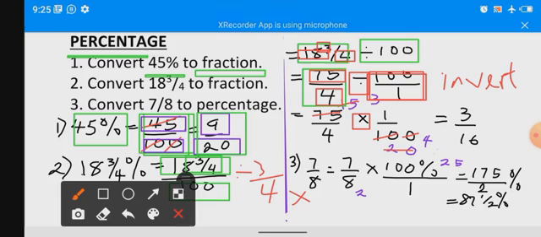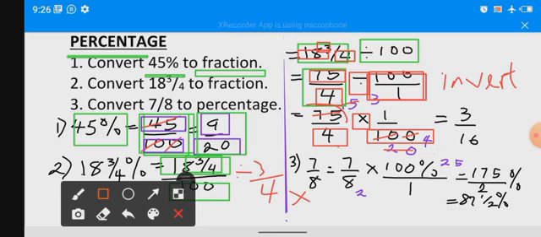75 over 100 over 4 is the same as 75 over 4 times 1 over 100. Now let's simplify by dividing.